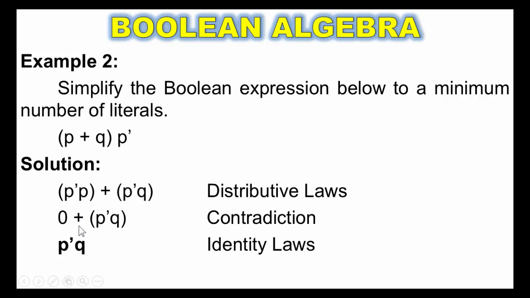We write OR quantity not of P and Q. And then we simplify the Boolean expression that we observe and examine from left to right. And then we can now apply identity laws, 0 or quantity not of P and Q. Applying identity laws, it becomes now not of P and Q. And that is the answer.